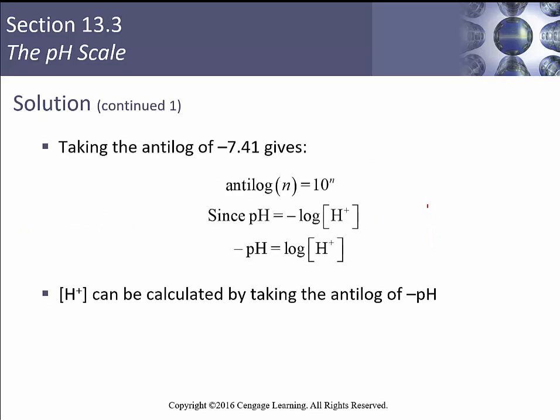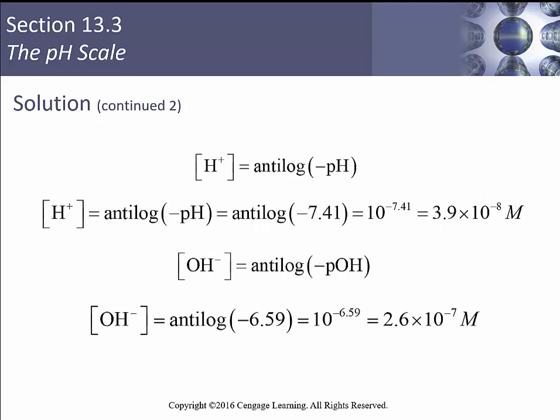So we're going to do 10 to the minus pH. So H plus is the antilog of minus pH, which is the antilog of minus 7.41, or 10 to the minus 7.41, 3.9 times 10 to the minus 8.